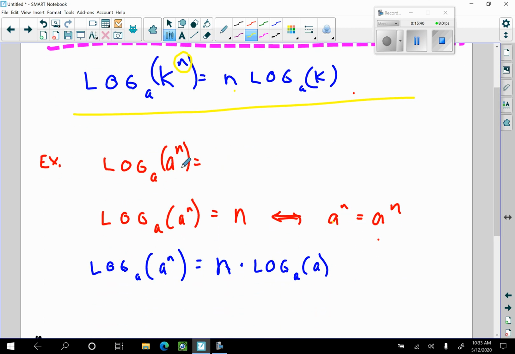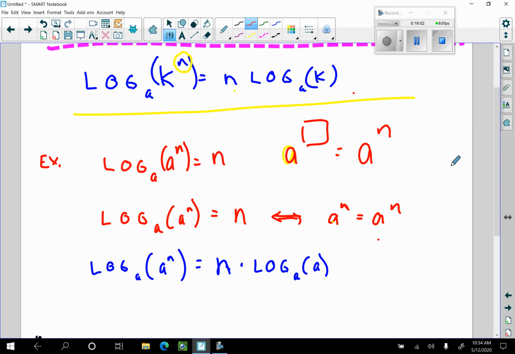And it's a fairly easy thing to verify here as well. So if I have log base A of A to the n, what does that equal? Well, it asks a question: A to what power is equal to A to the n? Well, that's going to be n. It has to equal n. Why? Because A to the n is equal to A to the n.